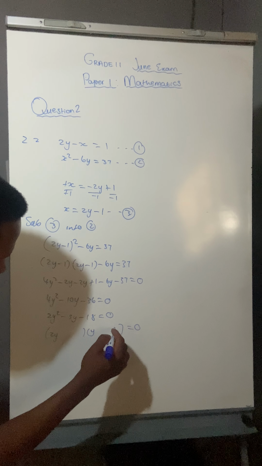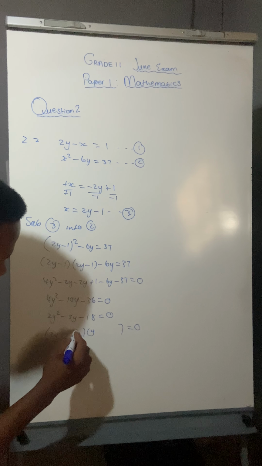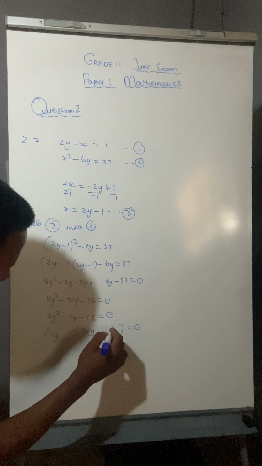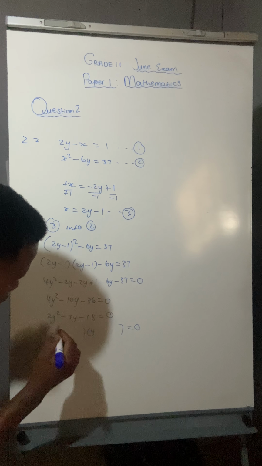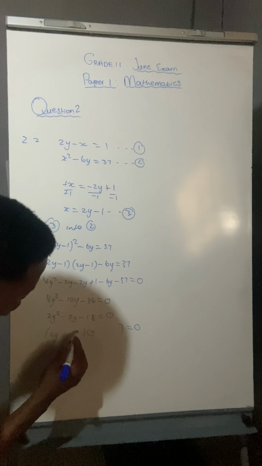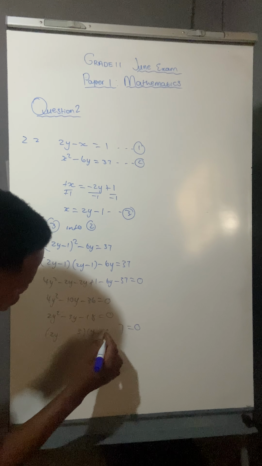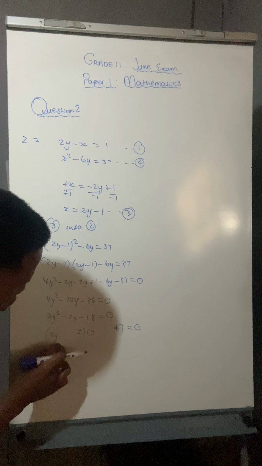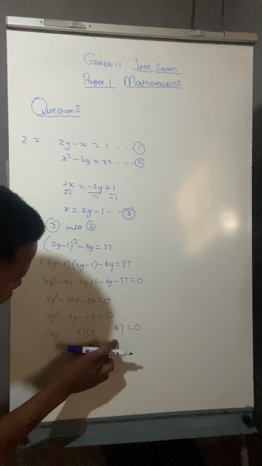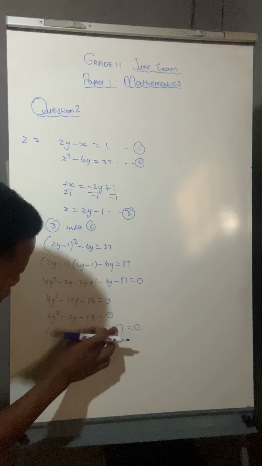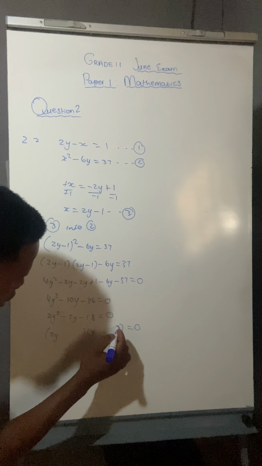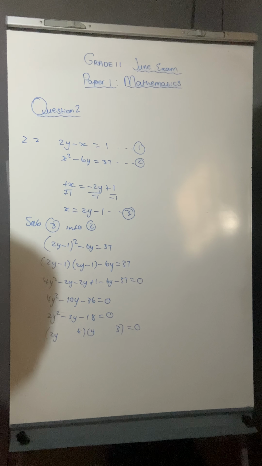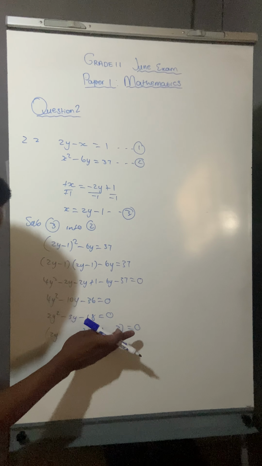Let's see, if I take 3 and 6, 2 multiplied by 2 is 12, which does not make sense. Then 3 this side and 6 this side, but it does not make sense also.